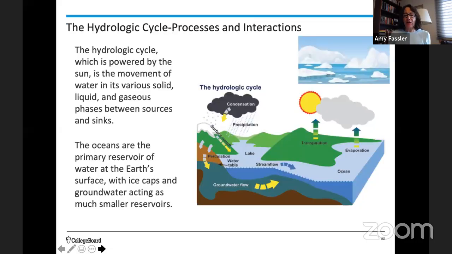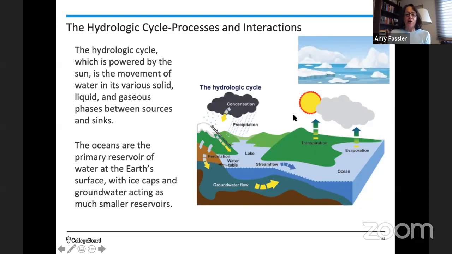So we have one more cycle to look at, and that's the hydrologic cycle. And we're going to focus on the processes and interactions here. The hydrologic cycle is powered by the sun, and it shows me the movement of water in various solid, liquid, and gaseous phases from sources to sinks. So I have water evaporating from the surface of the ocean, or evapotranspiration from plants.